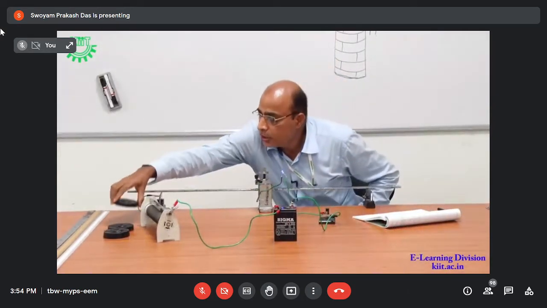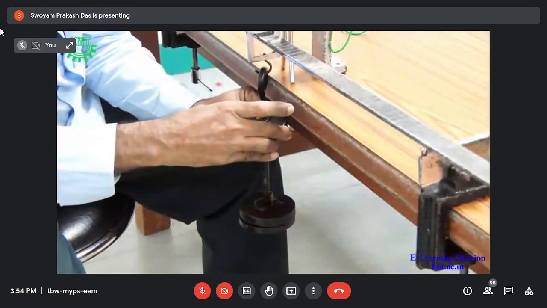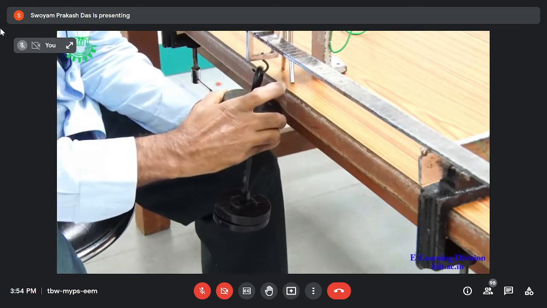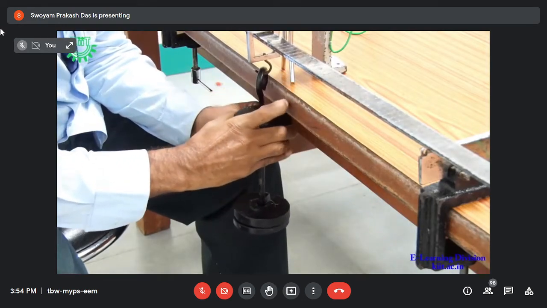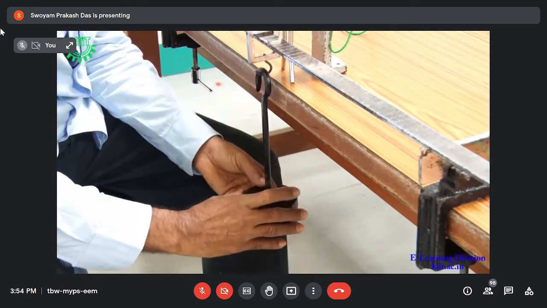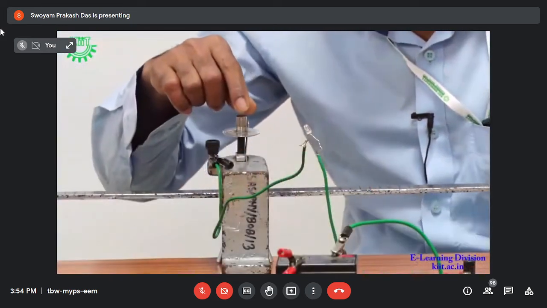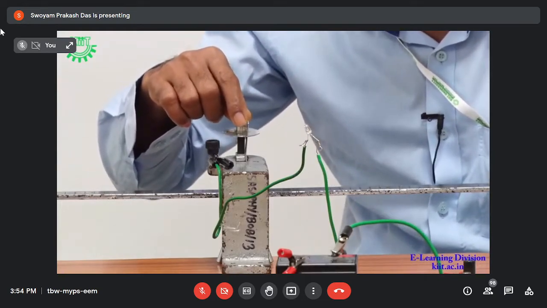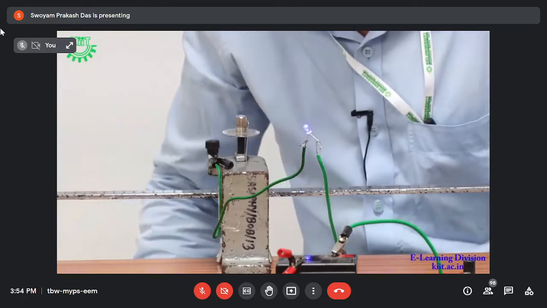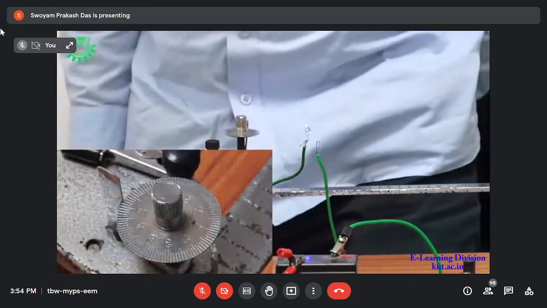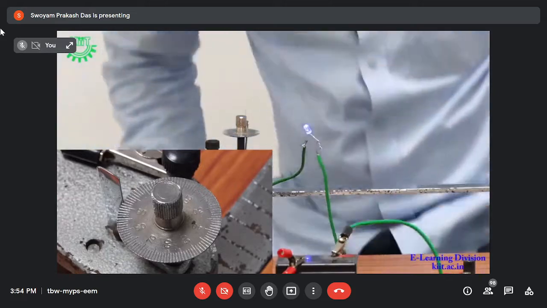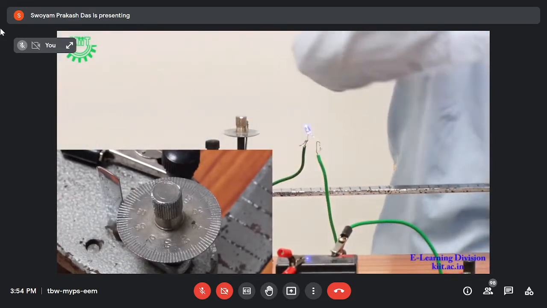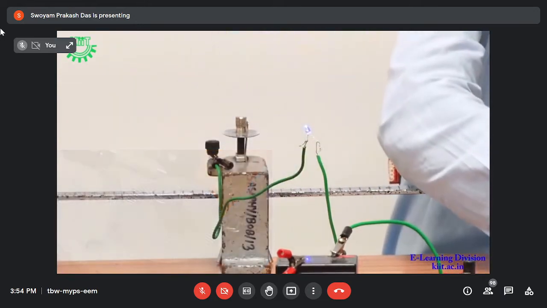So we will provide the next load gently, then go on rotating in the clockwise direction slowly till the glow of light comes. At the same time we have to watch the rotations, that is, whether 71 has crossed or not. Now the reading comes 92. So we will note down 92 as the final reading and rotation is 0.